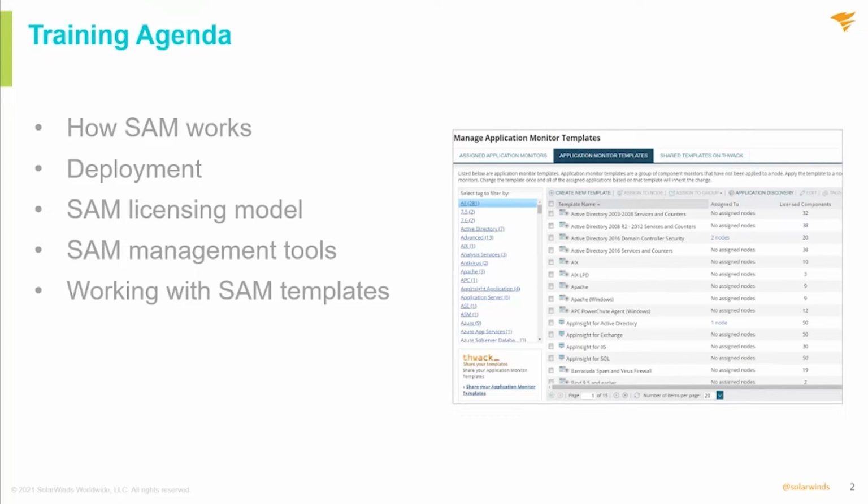Working with SAM templates. SAM includes over 250 out-of-the-box application monitor templates covering a wide range of common applications. You can assign these to nodes and begin using them immediately to track changes in your IT environment.